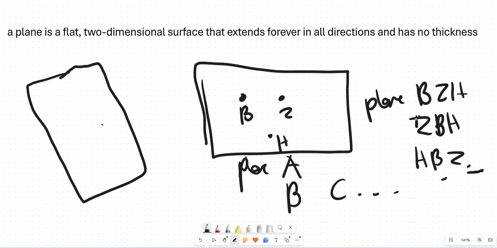I can name it like that. But if there are no points, we can just name it with a single letter, a capital letter all the time. Same rule for line segments and rays. It should be all capital letters.